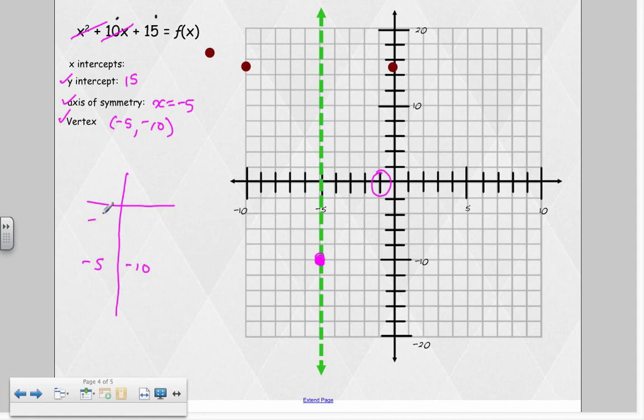When I put in a negative 1 here, negative 1 squared is 1 minus 10 plus 15. 1 and 15 is 16. 16 minus 10 is 6. So when I put a negative 1 in, my answer is 6. So its mirror image: 1, 2, 3, 4. 1, 2, 3, 4. There's my mirror image.